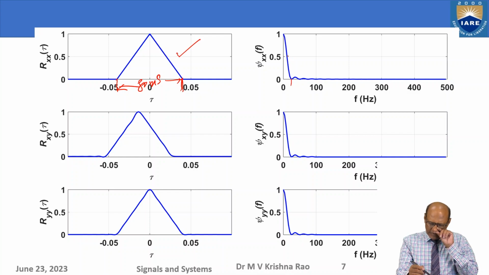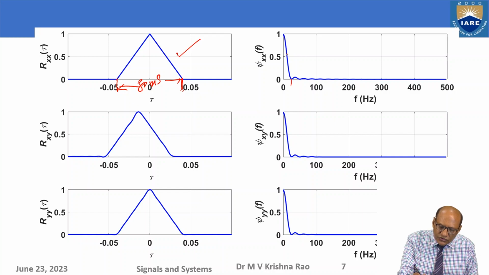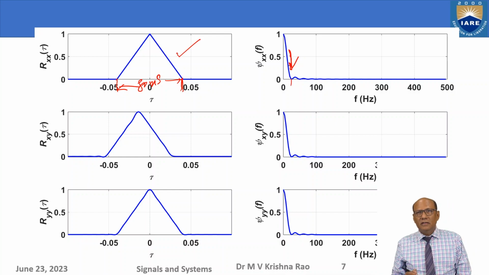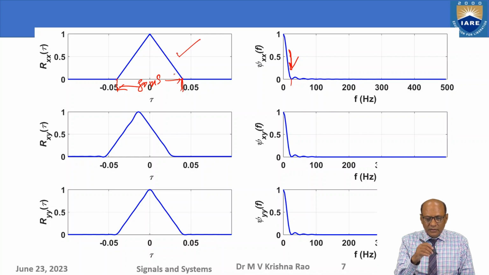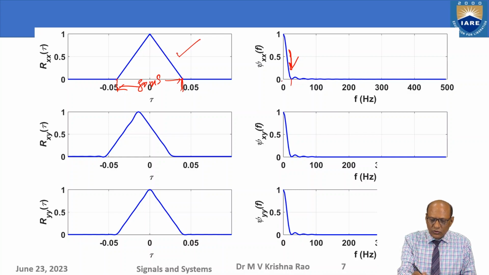It is something else, the square of the sinc function, something like that. But the null is occurring at the same place. Here the slope will change. How this is falling will be different for the triangle function and the rectangle function.